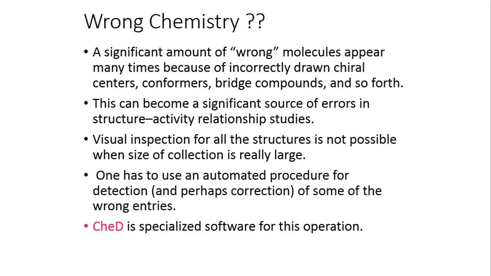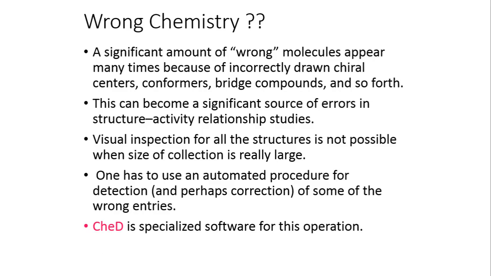Now visual inspection of all of the structures is not possible when the size of the collection is really large, in the case of millions or even a few thousand compounds. Therefore, one has to use some automated procedure for detecting and perhaps correcting some of the wrong entries that might be present in your compound collection.